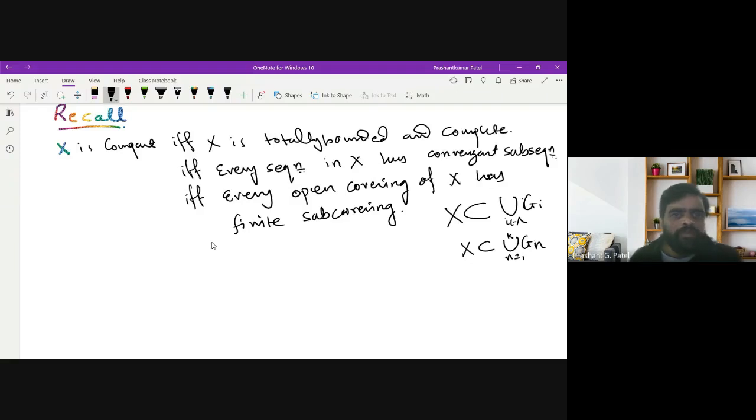So we have proved in the previous lectures these three statements. We assumed as a definition that X is compact, then it is totally bounded and complete, and based on that we proved these two statements.